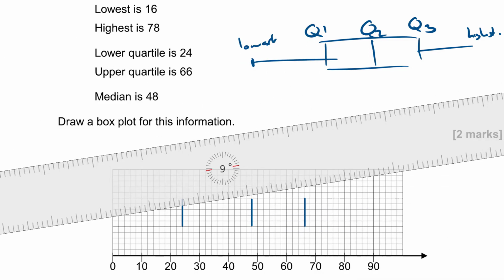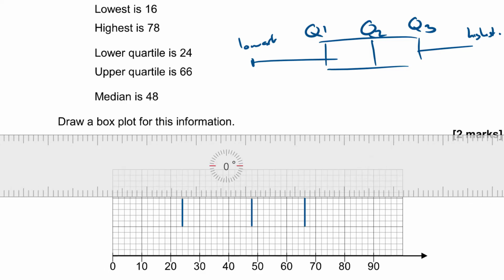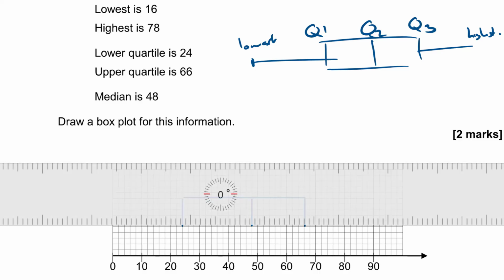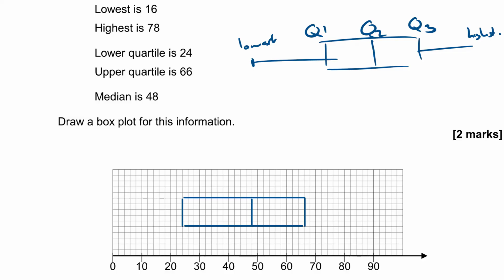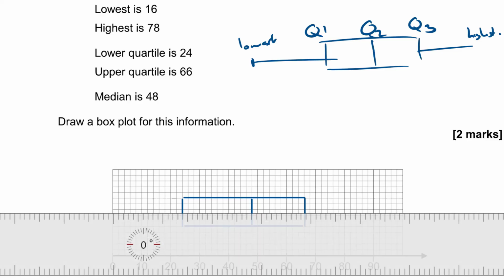Okay, so let's just turn the ruler around, complete our box. Oops. Okay, so there's my box part, and now the whiskers are going to go out to the highest and lowest values. So the lower whisker is going to go down to 16.